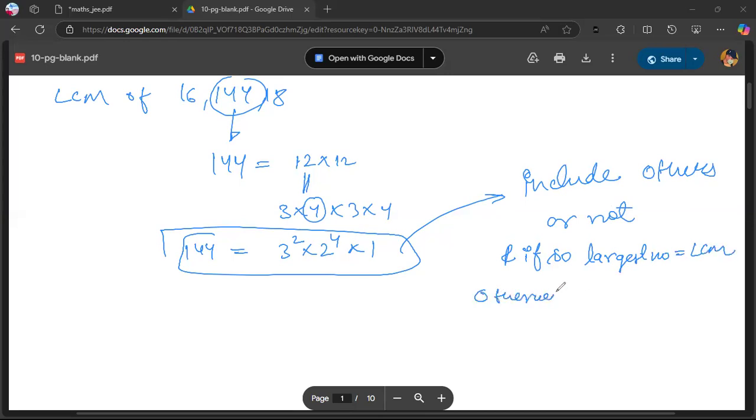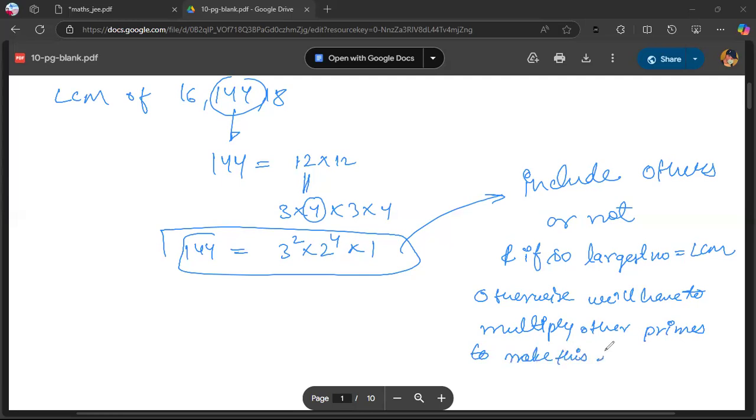Otherwise, we will have to multiply the factors, the other primes, to make this include the other numbers too. And the result will be the LCM.